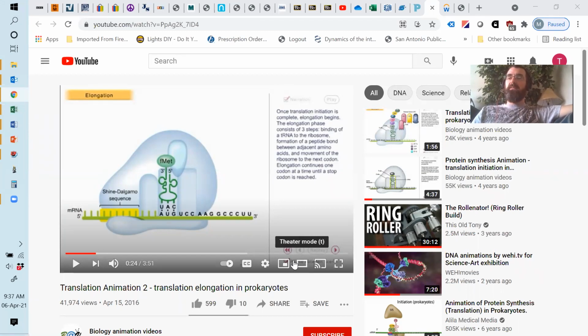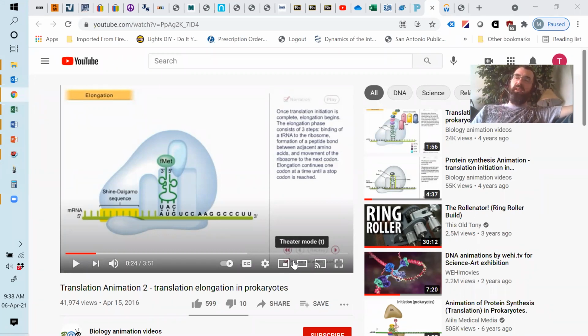What adds the amino acid to the tRNA? We covered it a couple of slides up. Yeah, the aminoacyl synthetase. What does the aminoacyl synthetase use in form of energy to do that? ATP.